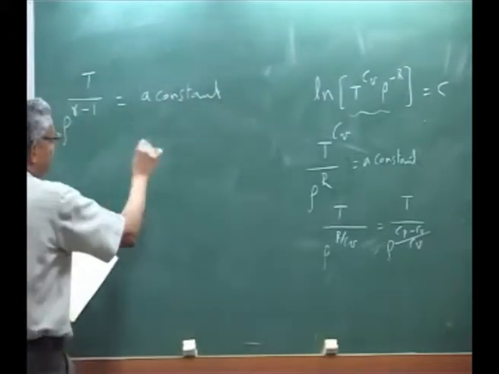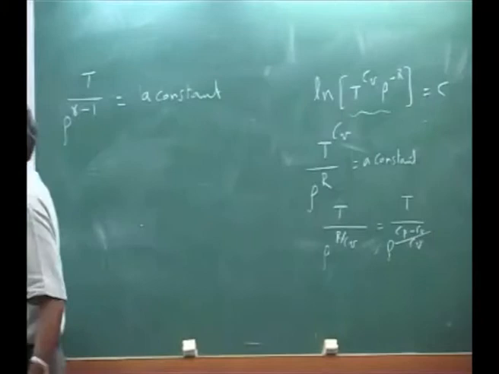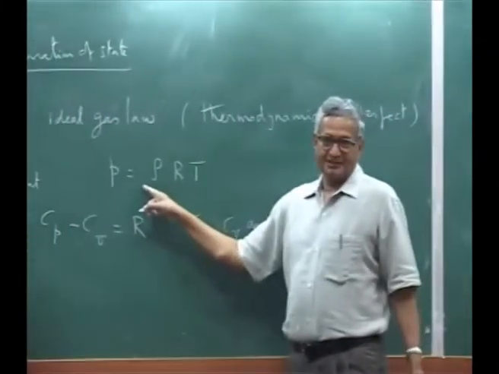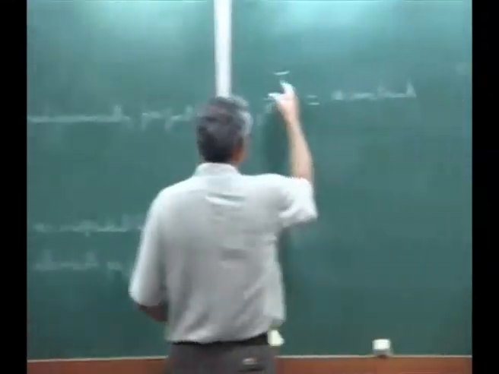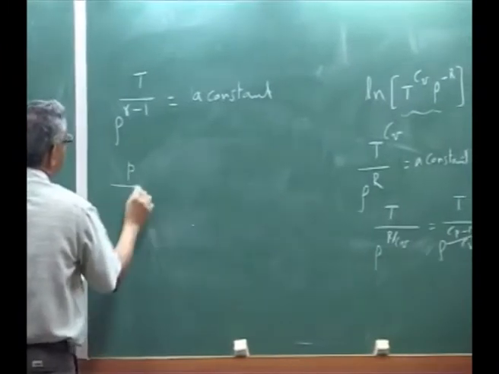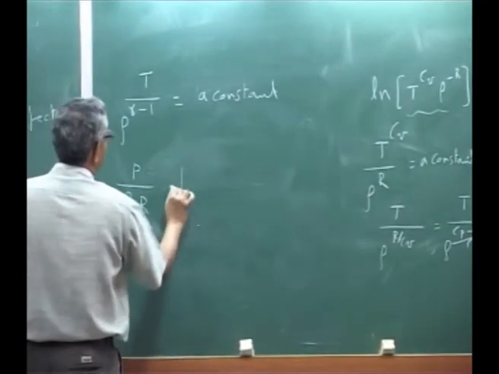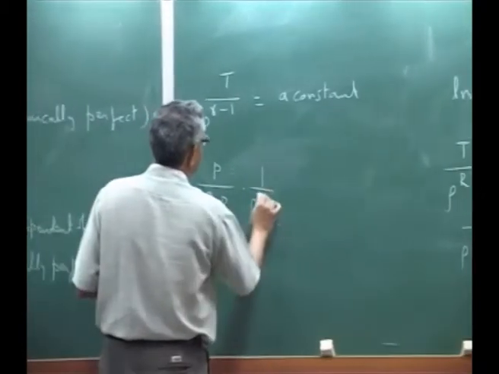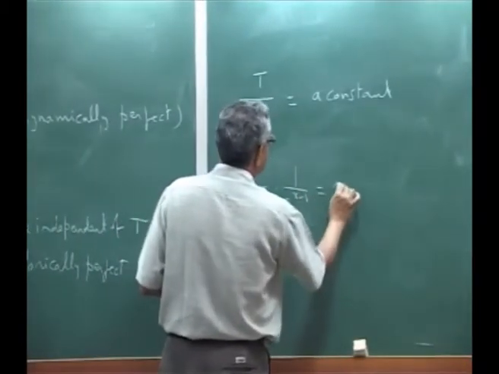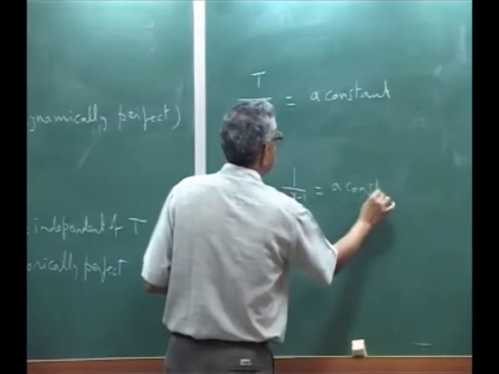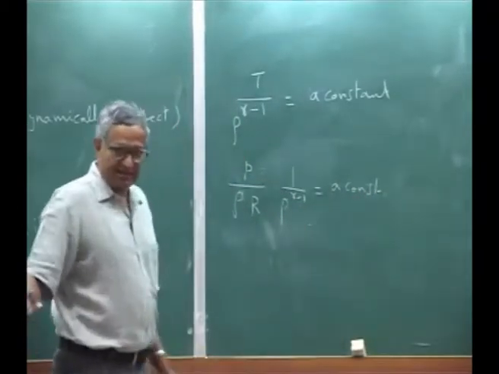And what is T? T is p by rho R. So I am going to write p over rho R times 1 over rho to the gamma minus 1 is a constant, and R is a gas constant.